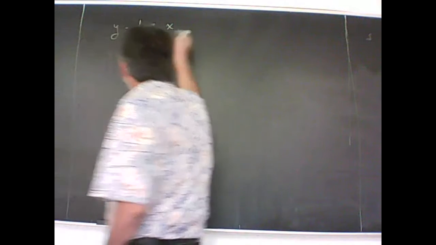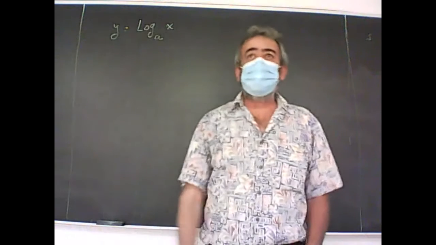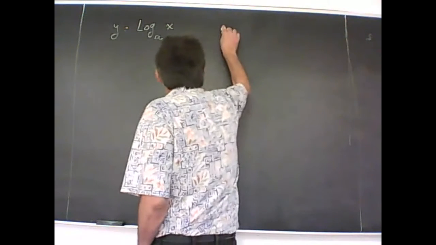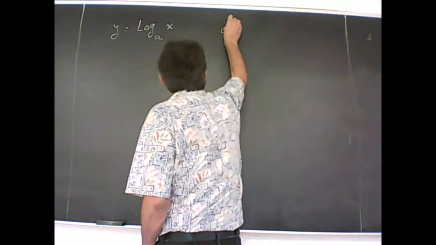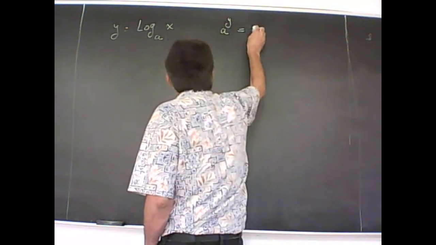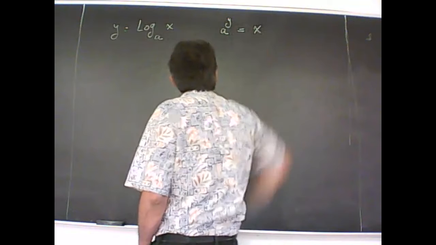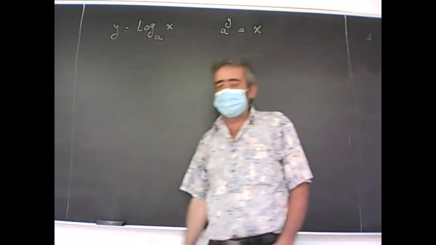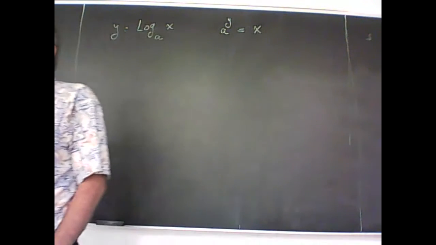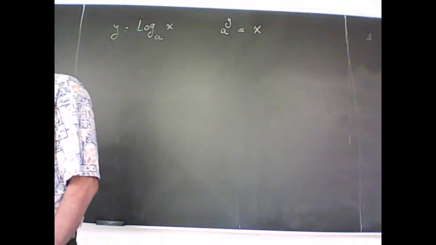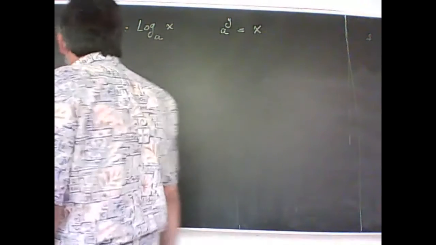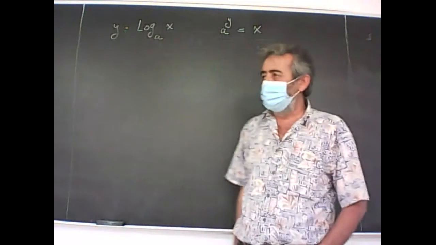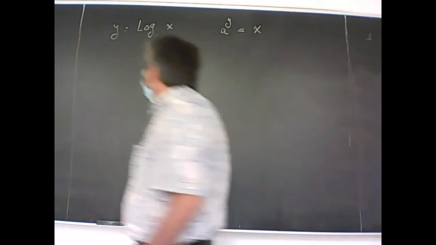If we have this function, what does that mean to us? In terms of exponential function, this means a to the power y equals x. Those two represent the same thing. What does that mean to me? Let's take an example. Maybe that example will illustrate it another way.